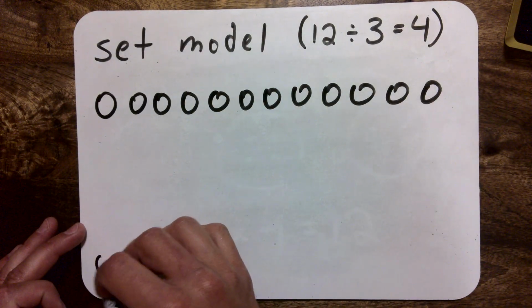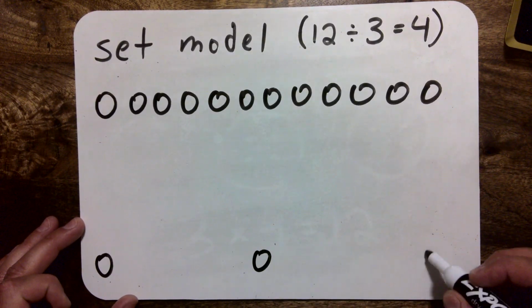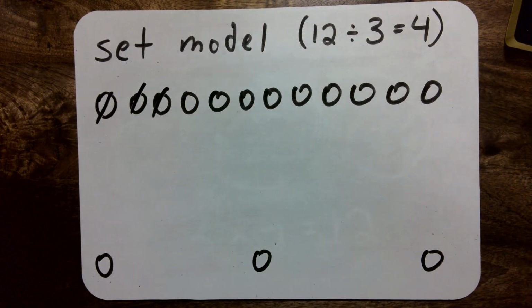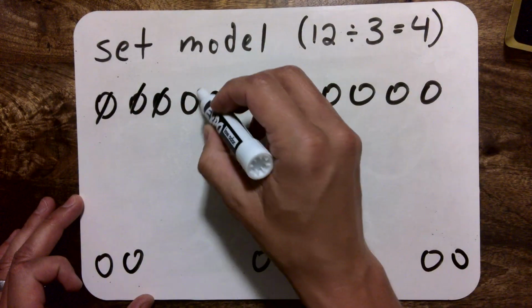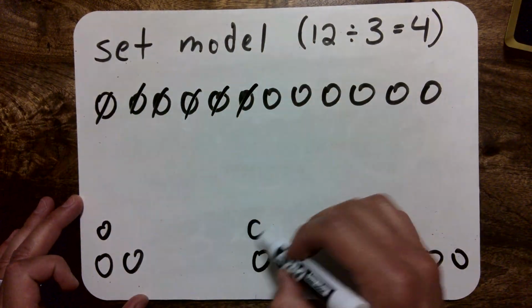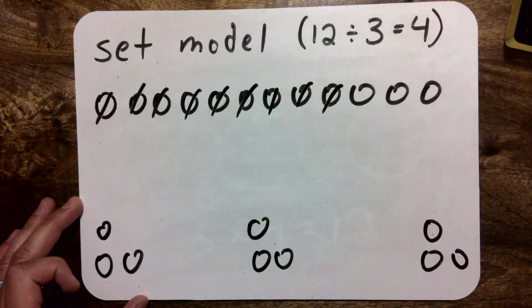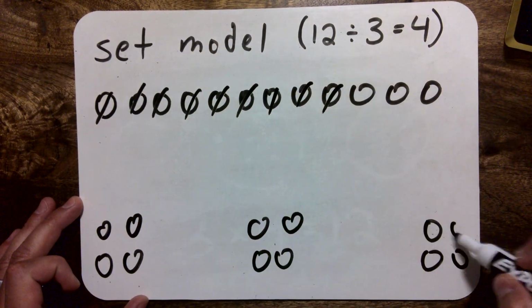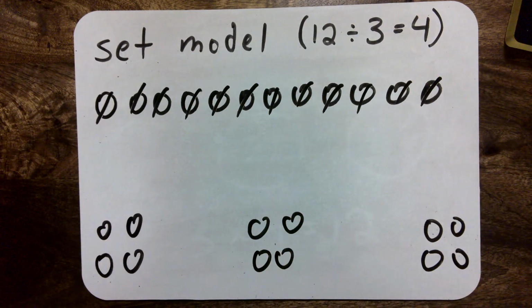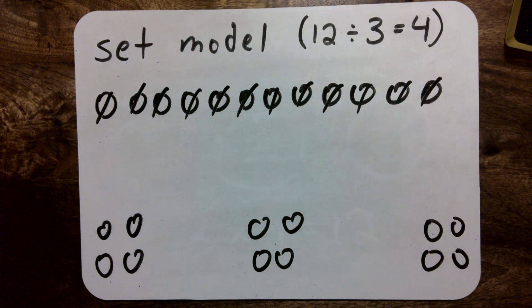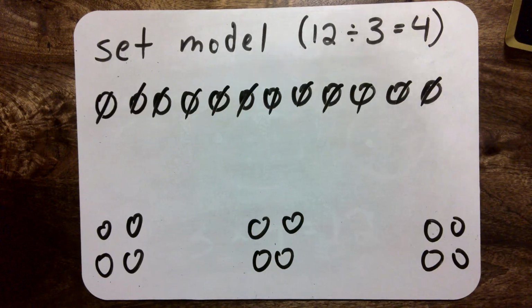For the first step, we cross these off, and we put a second one into each equal group, then a third, and then a fourth. Then all of those have been crossed off, so I've taken all 12 of those and placed them into 3 equal groups. Each has a group size of 4, so that's my quotient, or my answer. Then 12 divided by 3 equals 4.